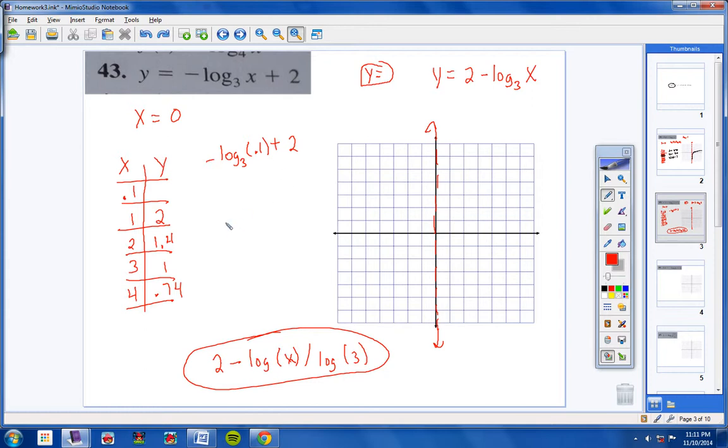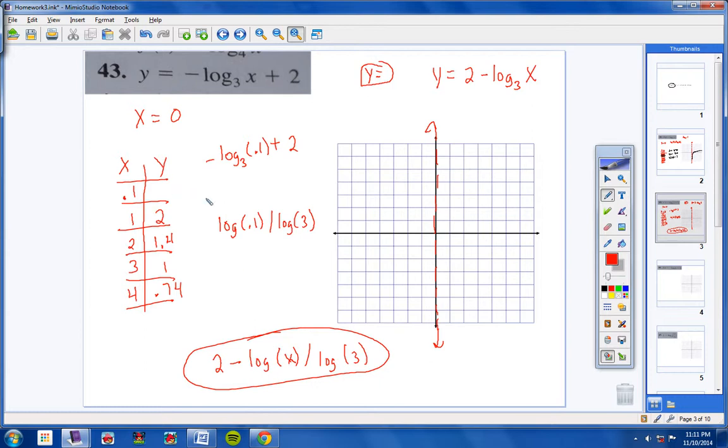So the first thing I would do is enter into my calculator log of 0.1, okay, divided by log of 3. I'm going to go ahead and do that right now on my screen. So log 0.1 divided by log of 3. Okay, hit enter, and then you'll get negative 2.095903274.